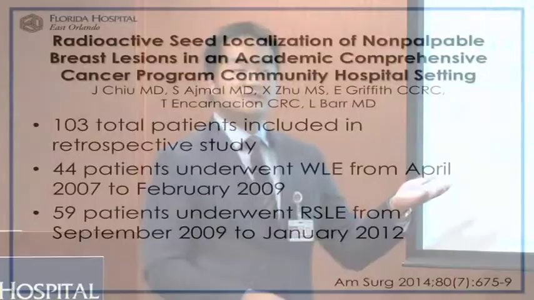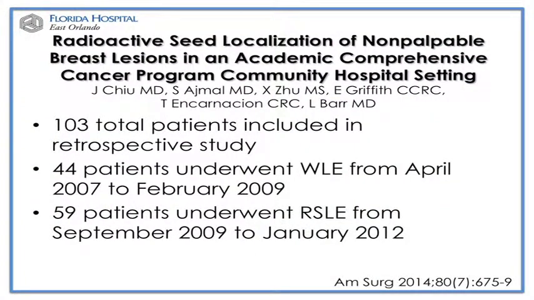We were so excited about this that we decided to write up our experience. We compared our experience using the wire, which is all we have initially, to our experience using the radioactive seed. We had a very, very good experience and very good results. This is at Florida Hospital, and these are our numbers. We decreased the number of patients we were taking back for a second surgery by 75%.